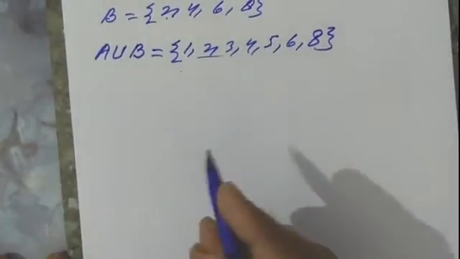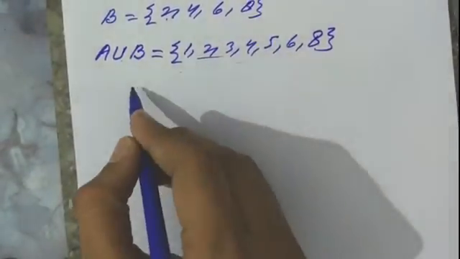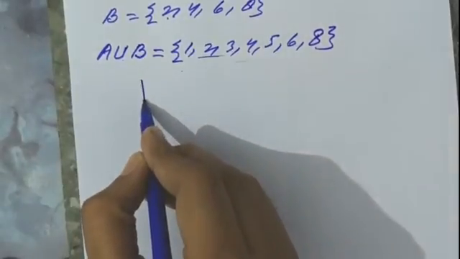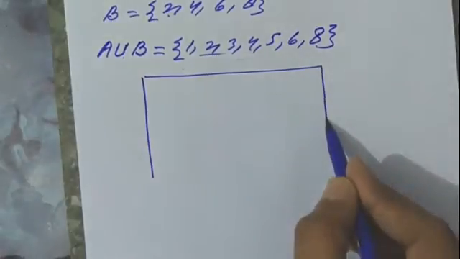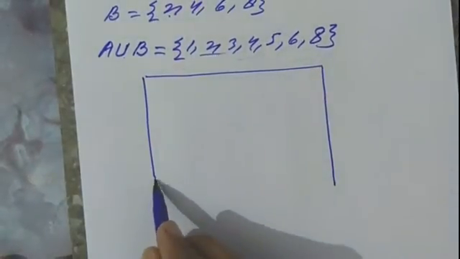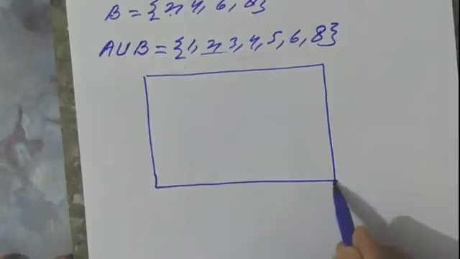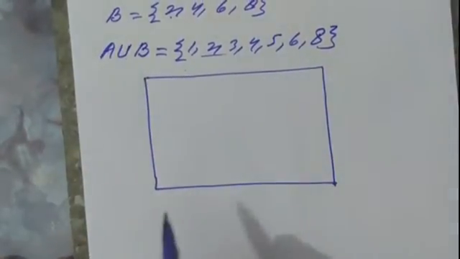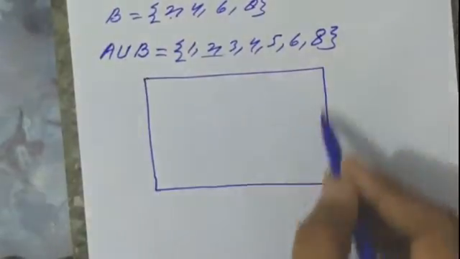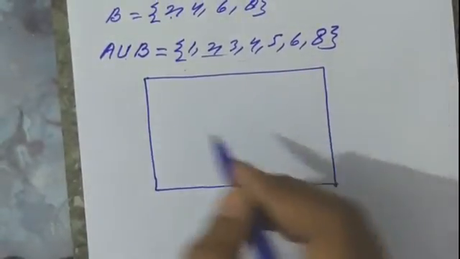Now, for better understanding, let's draw a Venn diagram for this operation. A Venn diagram is a diagram which represents an operation between sets. We usually make a rectangle which shows a universal set.